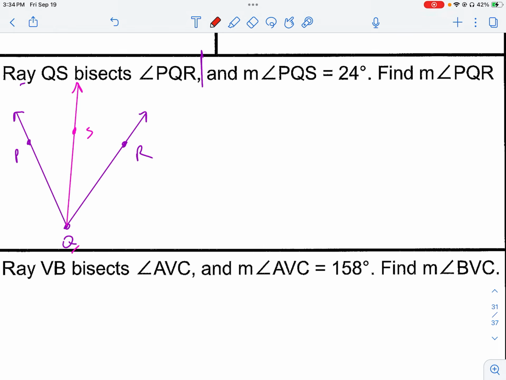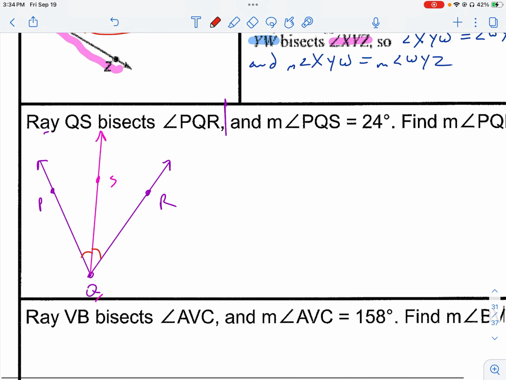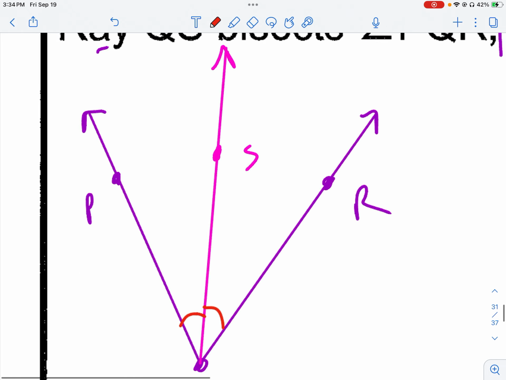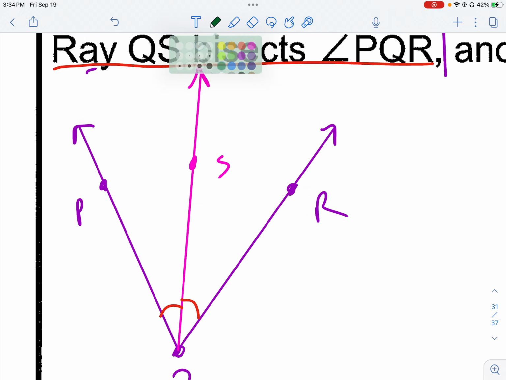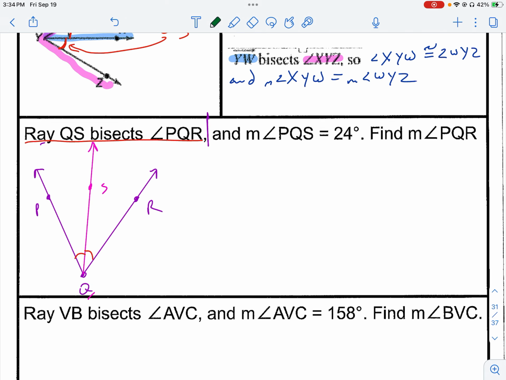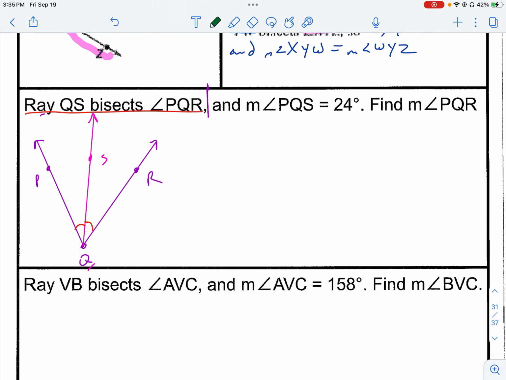So PQS and QSR are congruent angles. So we learned all of this right here from those first few words. Okay, so let's continue on.